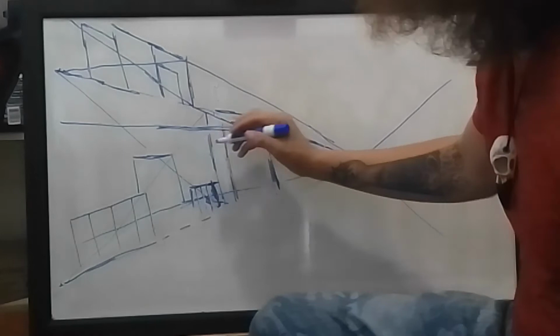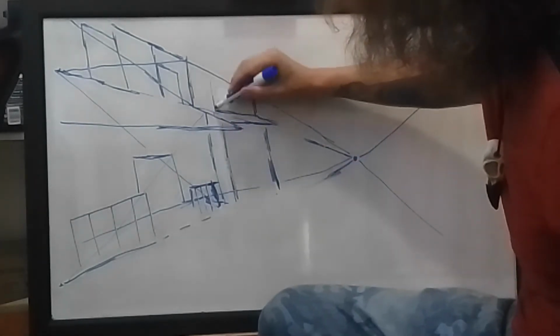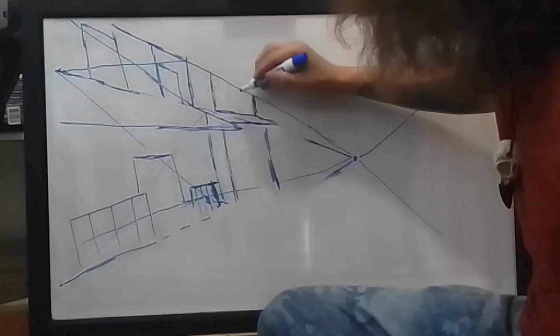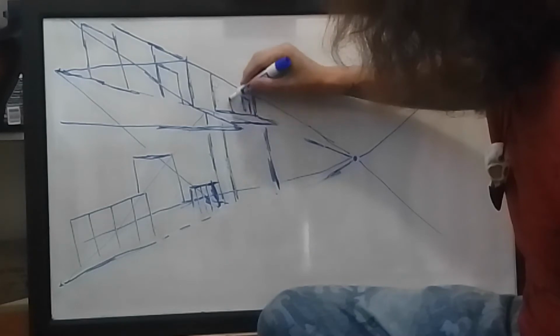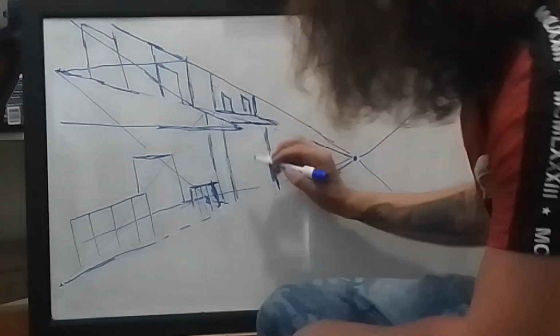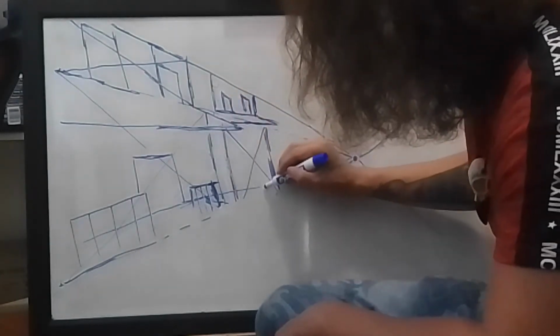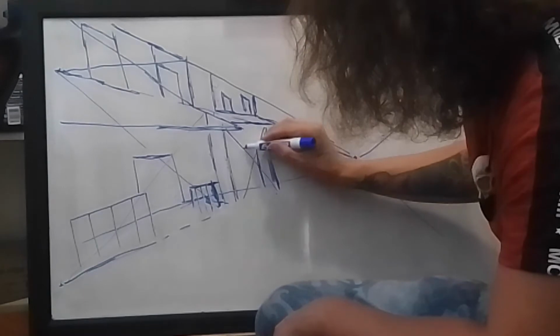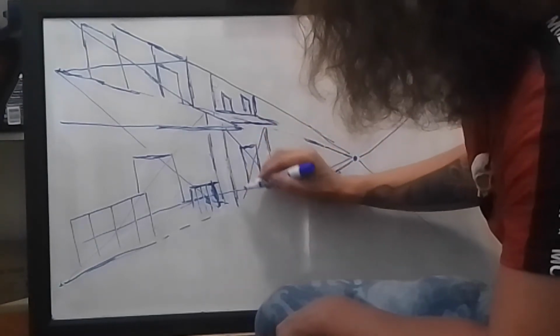Okay, so here we go. So now we're starting to get some interest, we're starting to get some definition here, right? So I can even chop this in half. Boom, there's the door, right there.